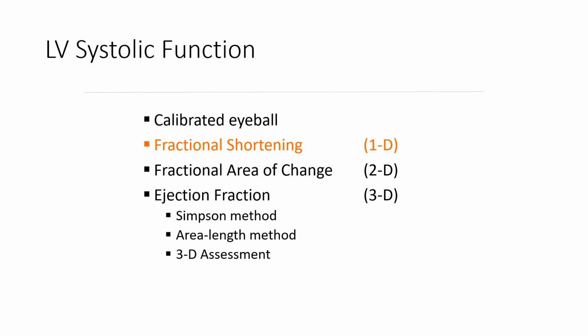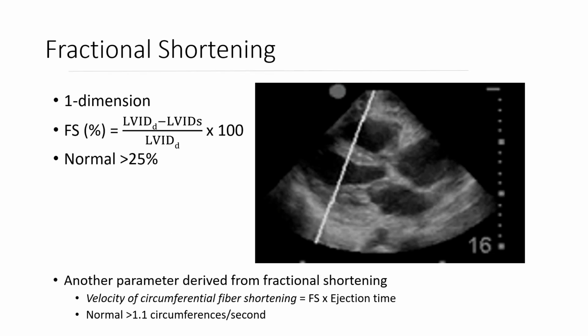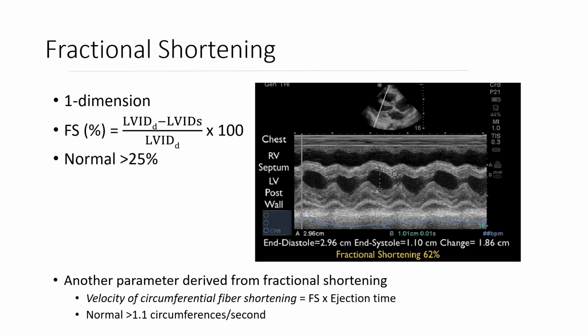So let's start with fractional shortening. Fractional shortening is a one-dimensional method of estimating LV systolic function. Placing the M mode through the parasternal long axis view will give you this picture where you can measure LV diameter in systole and diastole as it contracts and relaxes.